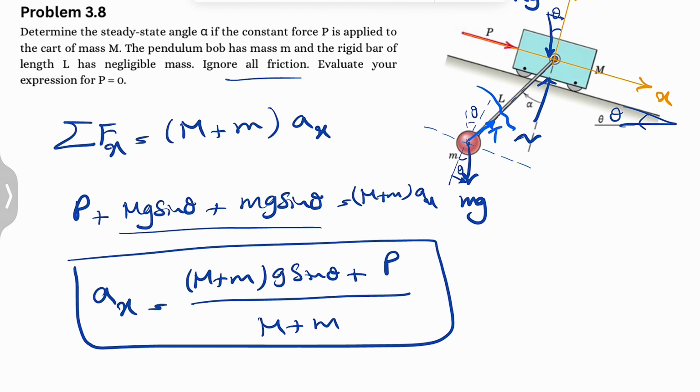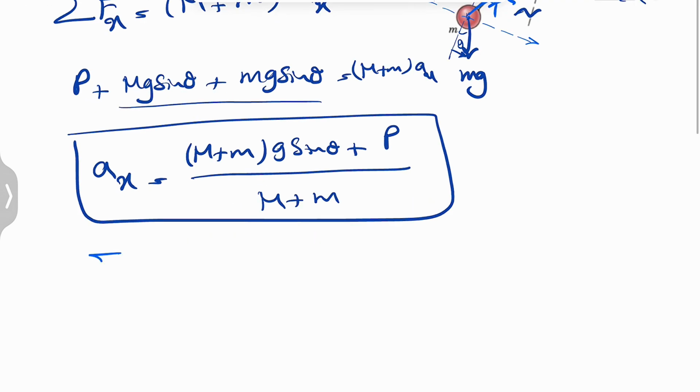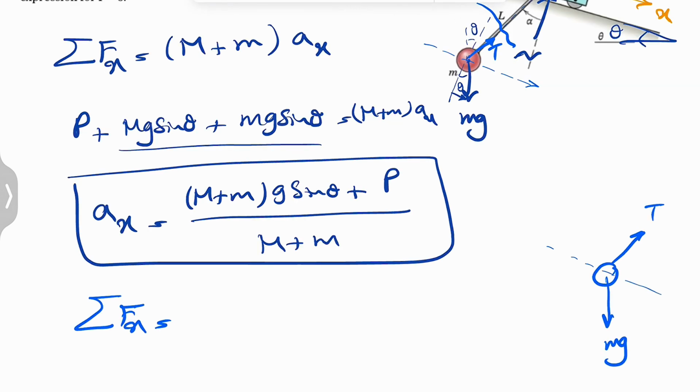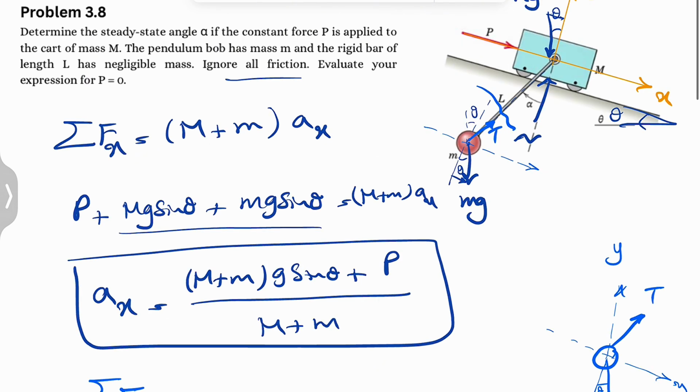And again, we have the same x and y. So this direction would be our x and the other one is y. So we can also do sum of all forces in x direction for that specific part. So let's just show it here, T, g, and let's call this one our x-axis. And this will be our y-axis. This will make angle theta. And also we can see that the angle between T and the y-axis is alpha.